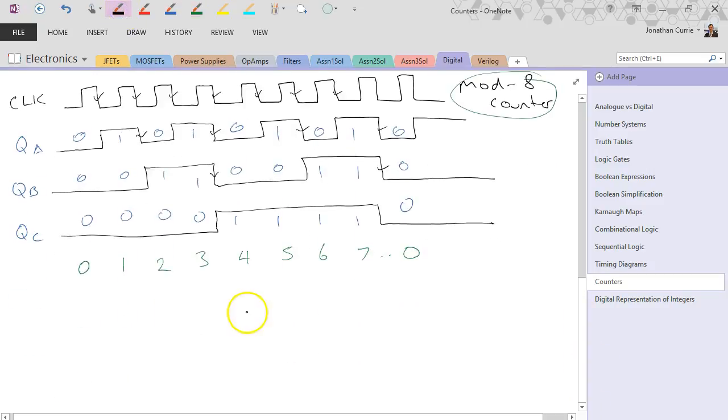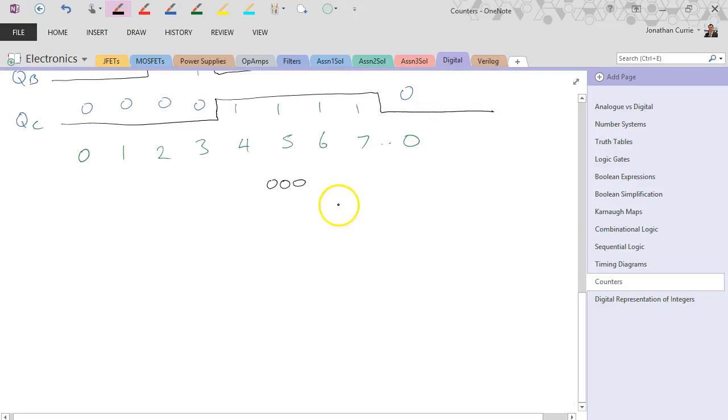If I was to draw the state diagram for this, I can do that in binary or decimal. Let's do it in binary. So we get 1, 2, 3, 4, 5, 6, 7, 8 states.